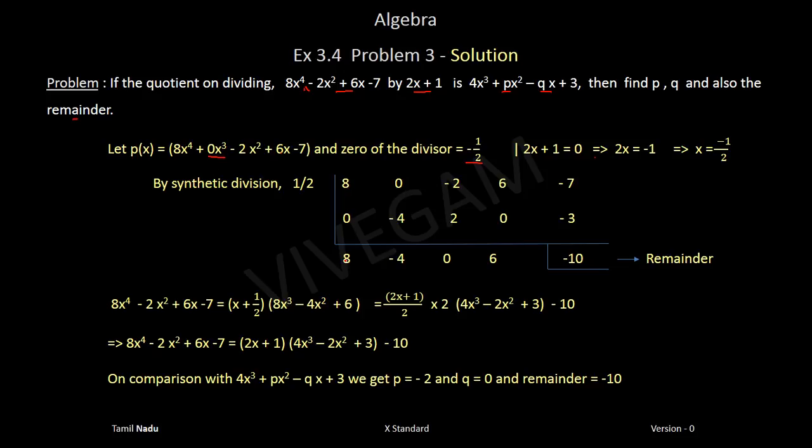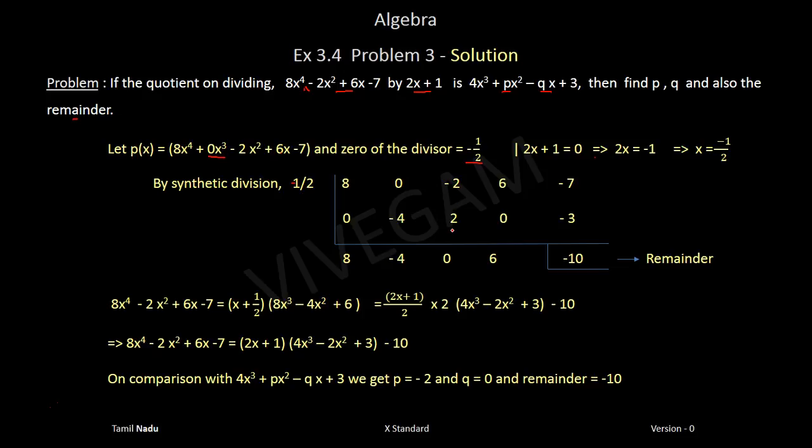8 plus 0 is 8. 8 into half, okay, I think I made a mistake. This is minus half. 8 into minus half is minus 4. And 0 plus minus 4 is minus 4. Minus 4 into minus half, minus into minus becomes plus, half into 4 is 2.